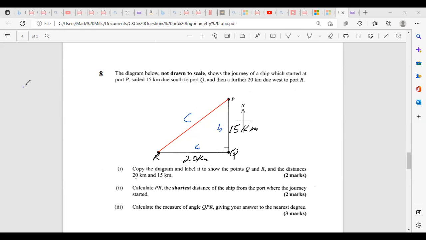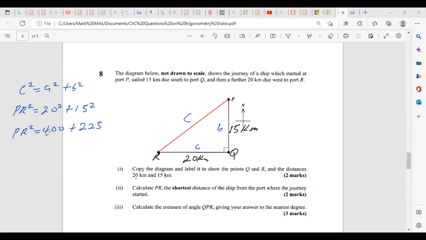So quickly, C square is equal to A square plus B square, right? My C would be PR square. My A would be 20 square. My B would be 15 square. So PR square equals 20 square, what is 20 square? 400. Plus 15 square. What is 15 square? 225.